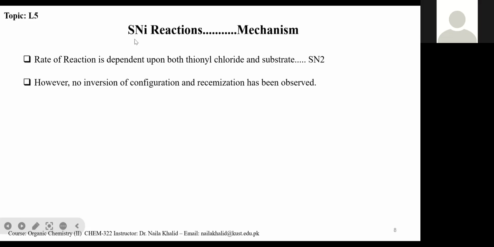But in case of SNi, you will observe no inversion of configuration, no racemization, but only retention of configuration, as we have discussed on slide number 7 previously. So, retention of configuration is the basic feature of SNi reaction, and it is the evidence that the nucleophile is attacking from the same side and internal attack takes place.